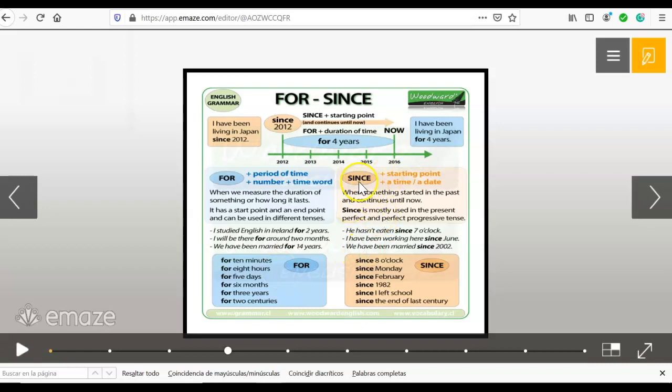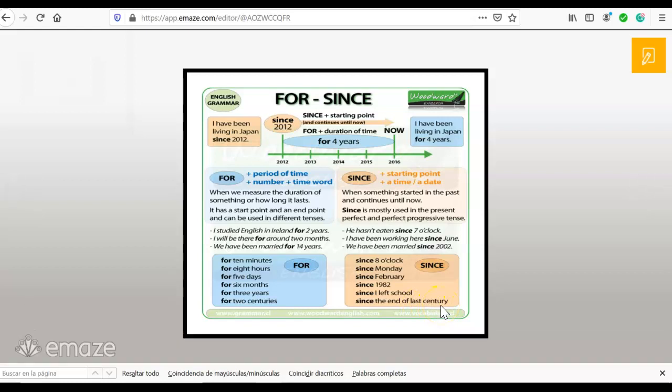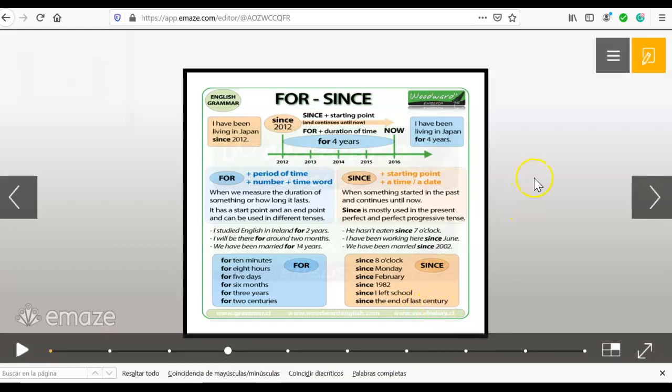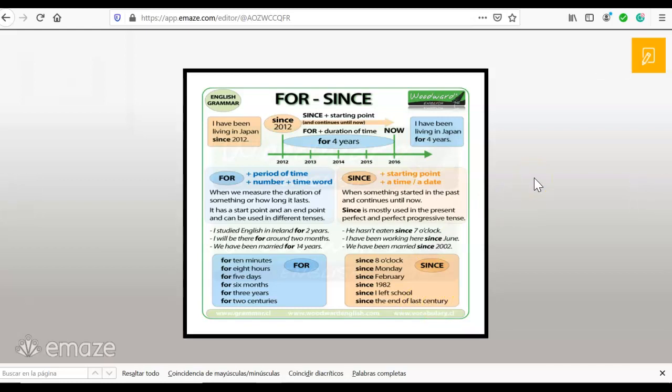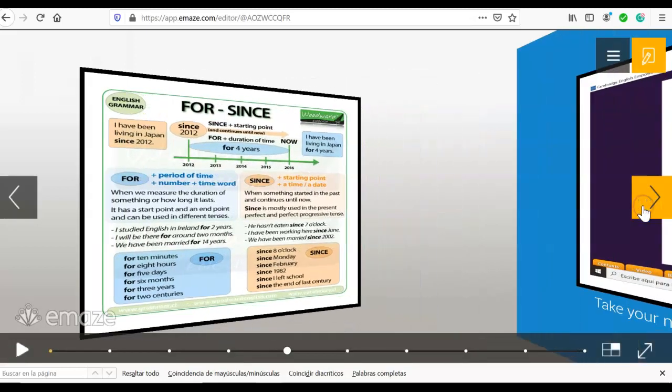In contrast, we have since from the starting point: since 8 o'clock, since Monday, since February, since 1982, since I left school, since the end of last century. Try to take notes on these phrases.